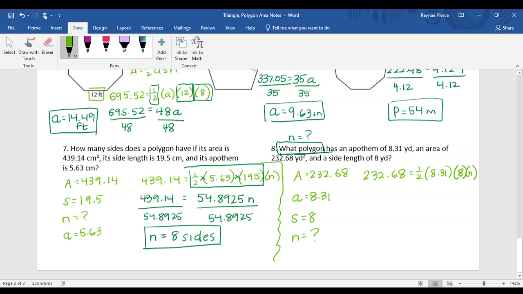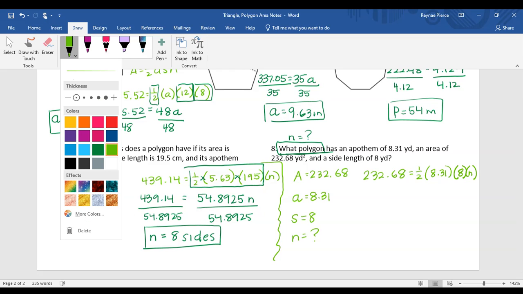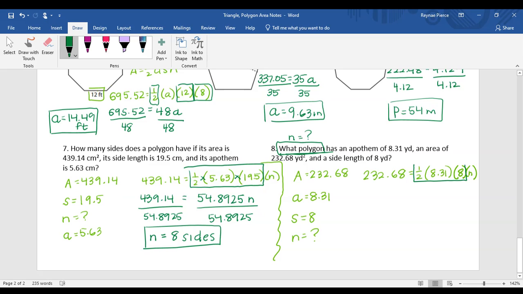That first step that I like to do after I have established what those variables are is go ahead and substitute each of those in. I'm going to multiply all three of these pieces. The left side of my equation stays the exact same.